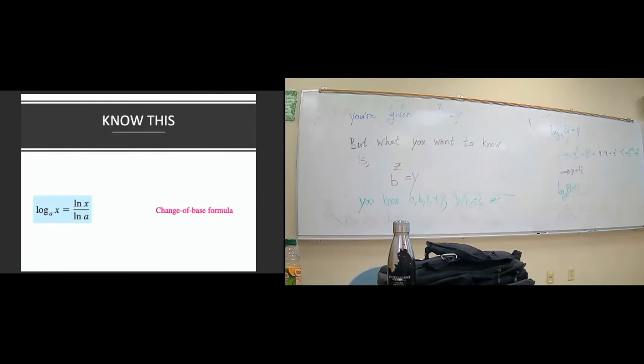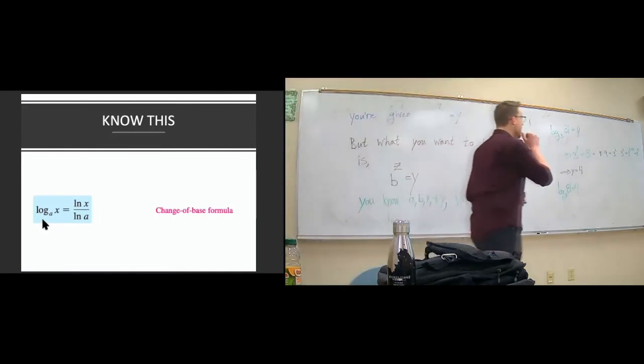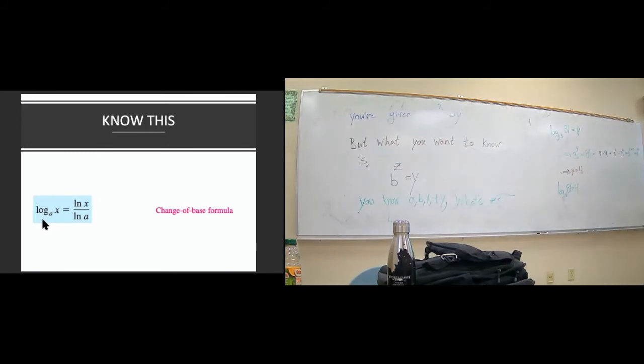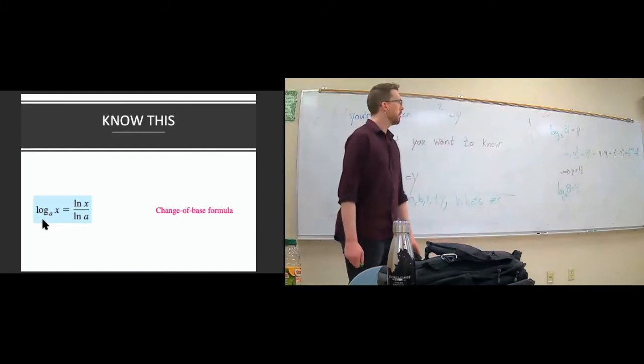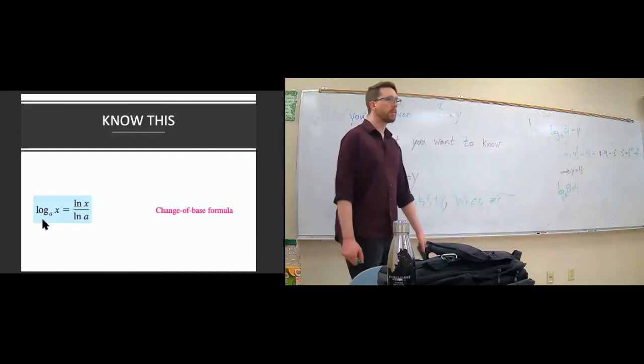So what the change of base formula is saying is that given log base a of x, this thing is going to be equal to the ln of x divided by the ln of a. Okay, whatever. What good does that do us?